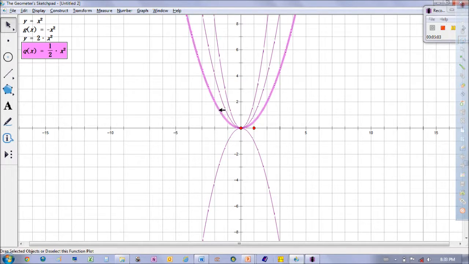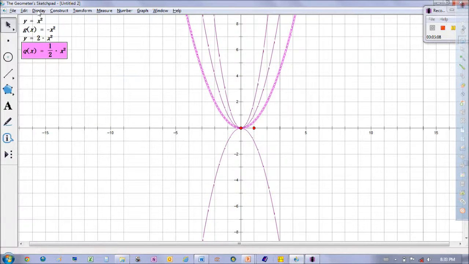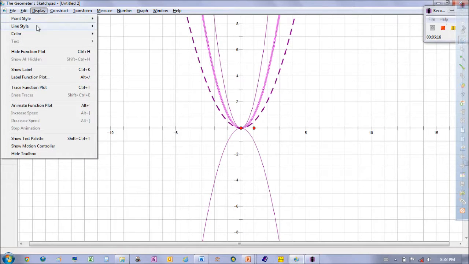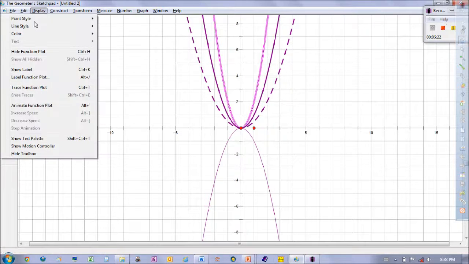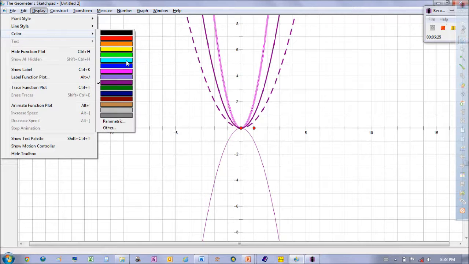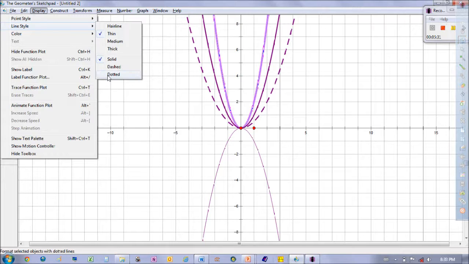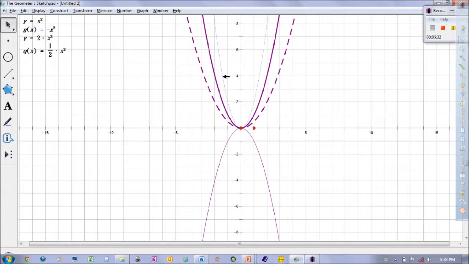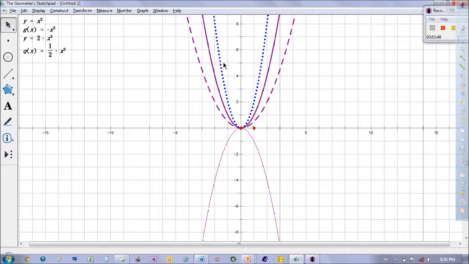For y equals 1 over 2, I'm going to choose a dashed line so you can see it clearly. So that's my y equals x squared. That is my baseline. And then this is my 2x squared. I'm going to make sure that it's a different color, and maybe a dotted line, and thicker, so you can clearly identify it. Okay, so that is 2x squared.